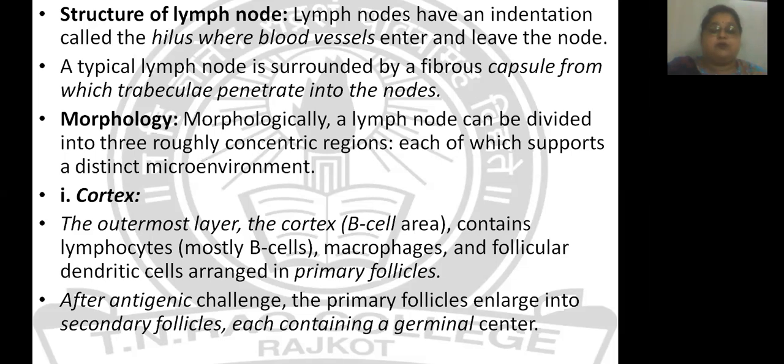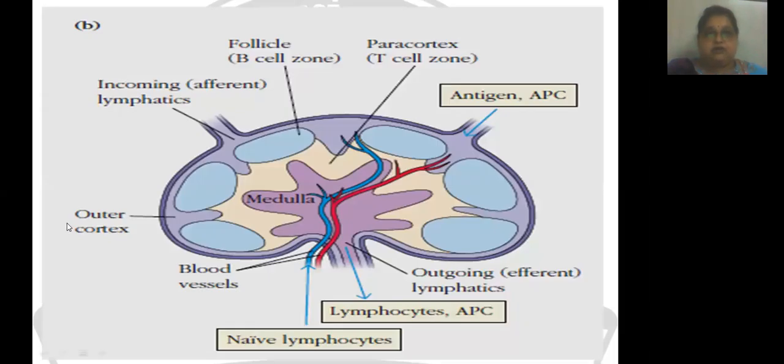The primary follicle enlarges and converts into a secondary follicle because of the proliferation of B lymphocytes. In the center of the secondary follicle, there is a specialized area called the germinal center where affinity maturation takes place.